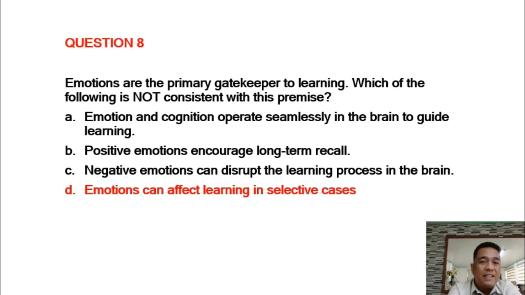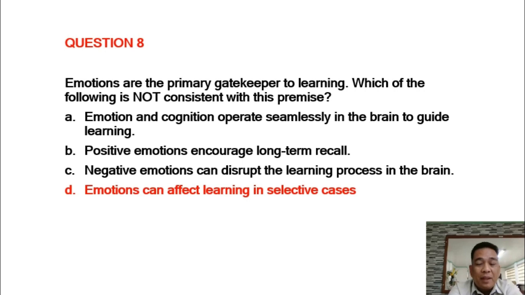Emotion and cognition operate seamlessly in the brain to guide learning. That's right. Okay. This emotional state of a learner will largely determine the kind of cognition na meron siya. They are seamlessly operating in the brain. Therefore, the emotional state should be properly addressed before cognition could happen.